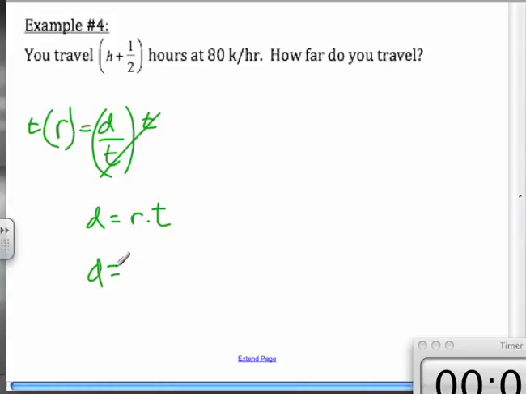Does anybody see a rate up there, Ian? 80 kilometers. I'm going to leave the units out for the moment. And then, does anyone see time represented up there? Eric. Anybody see time up there? How is it represented? Jordan? Not 1/2. No. Alexander?